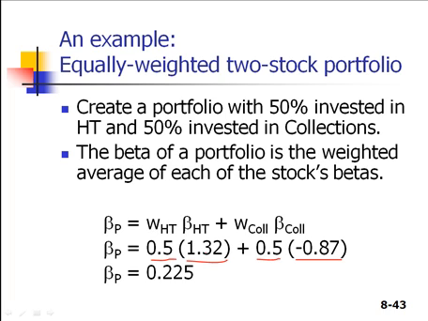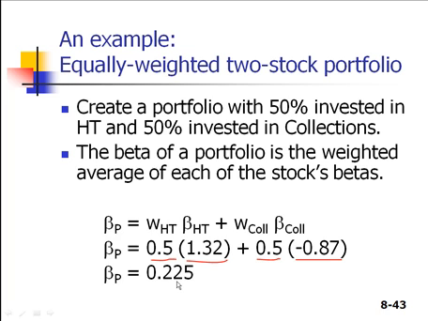So we just multiply each beta by the weight on that stock, and then we add the two results together. It's a pretty straightforward calculation. Most likely you can do that by now, by this point in the chapter, and so your result would be 0.225. That would be the beta of the portfolio.